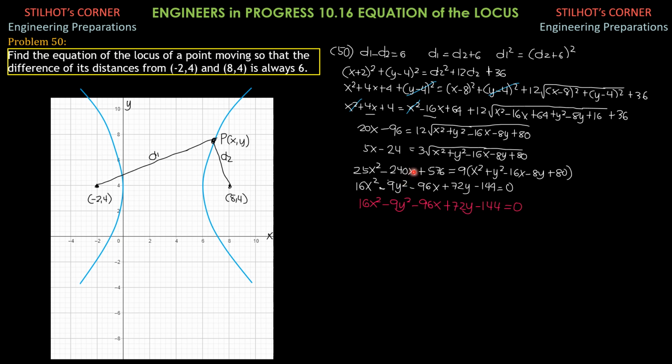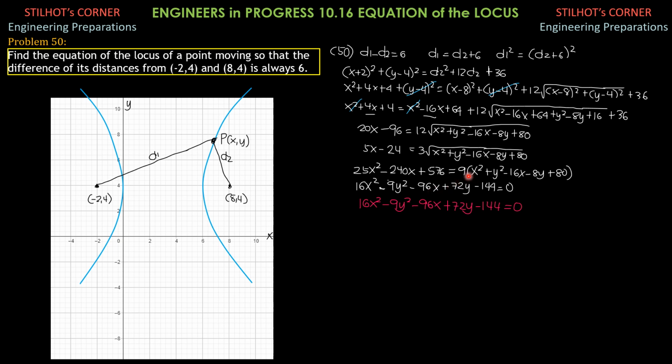Then negative 240x here. Then we have 9 times negative 16x. When 9 times negative 16x is transposed to the left, it becomes positive 9 times 16x. So negative 240x plus 9 times 16x, which is 144, is equal to negative 96x.